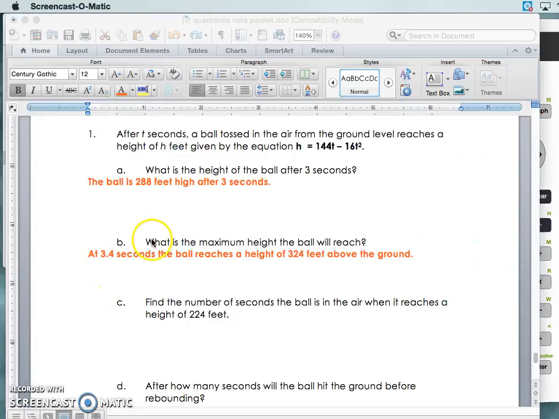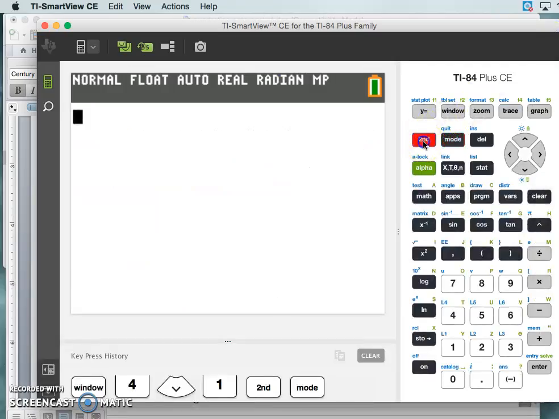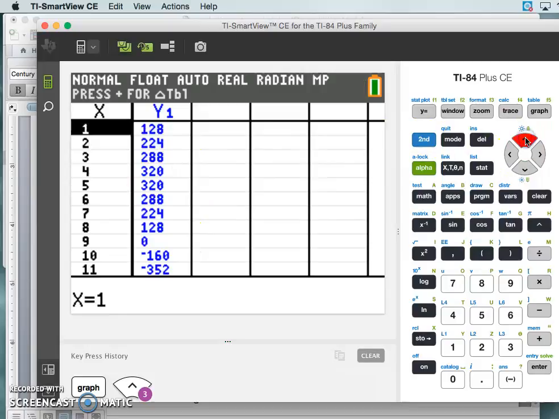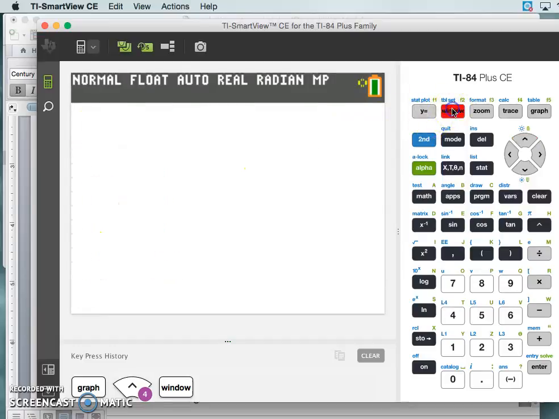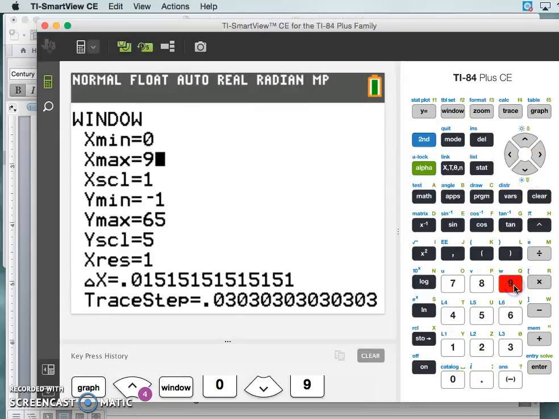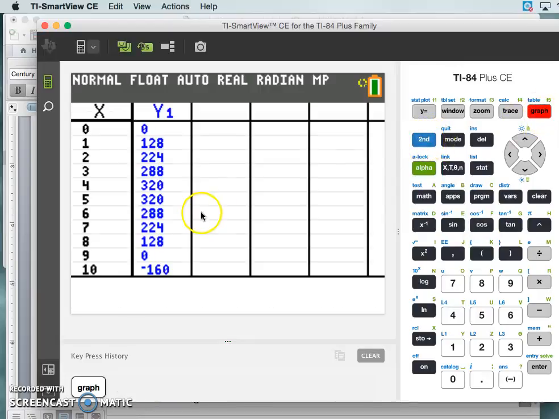We just answered this question in the table, but we can also answer this question using the graph by looking at the table, okay? So we know that somewhere in between 0 and 9 seconds, the ball is going to be above the ground. So our x's, when we set up our window, should go from 0 to 9. And then our y's, when we look at the table, the maximum is somewhere right around 320.